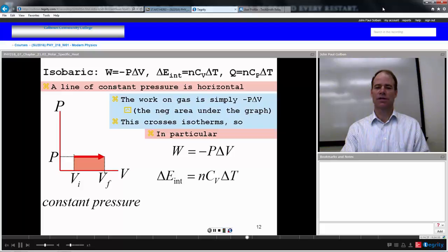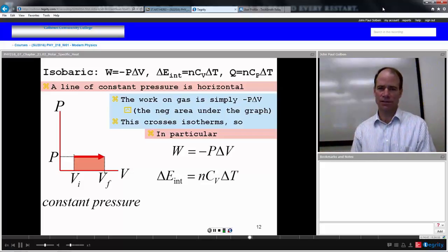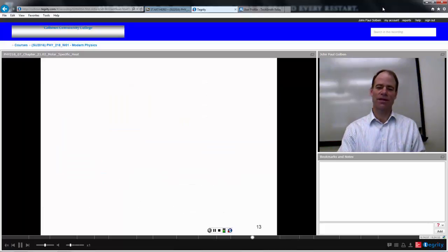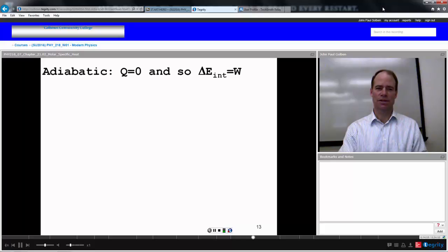In particular, work is equal to negative P delta V. Change in internal energy for any change of state is going to be N C sub V delta T, as we proved earlier. And for this particular case, our heat added is going to be N C sub P delta T. So that will be our three variables for that.